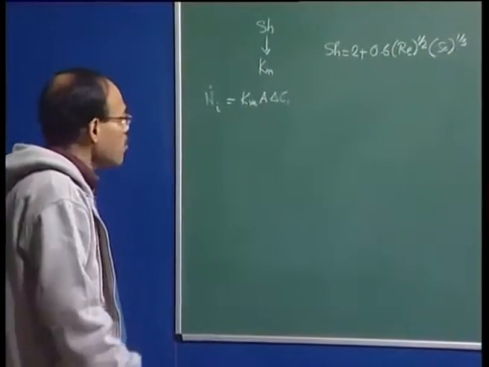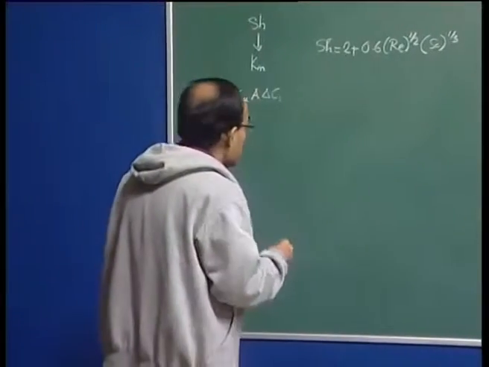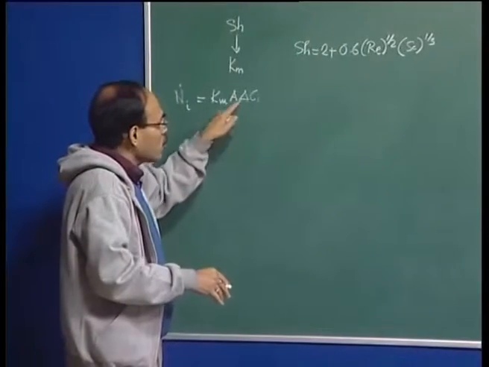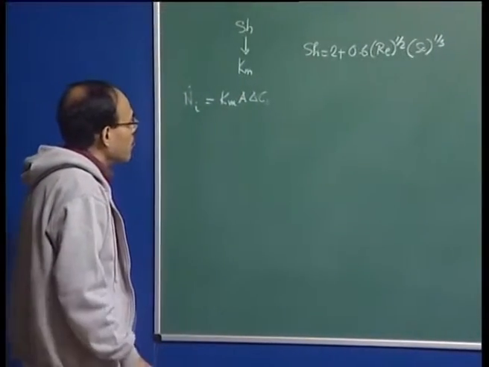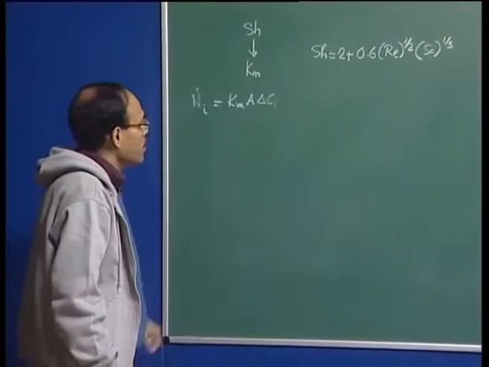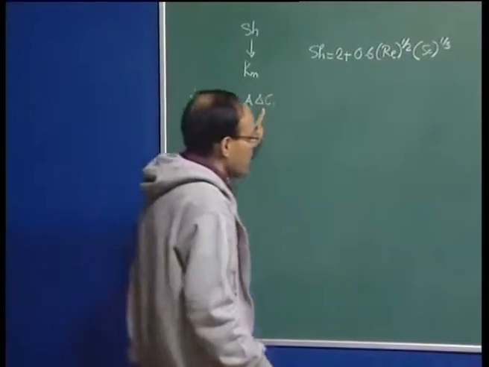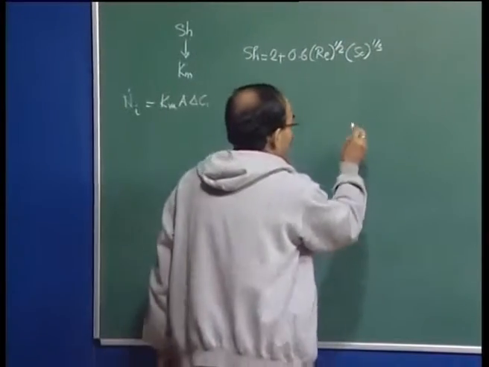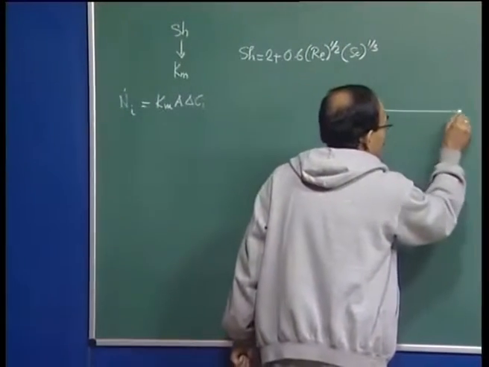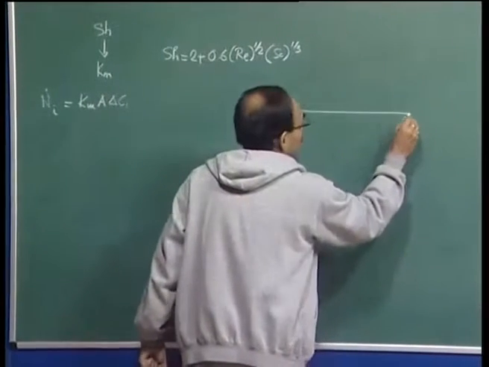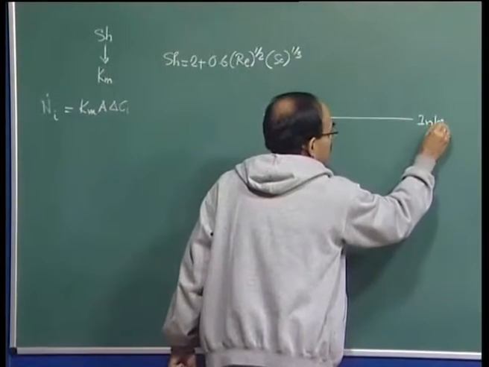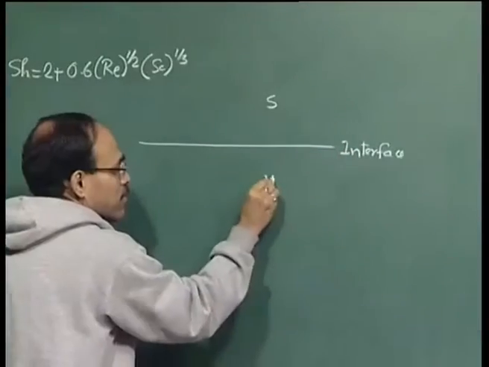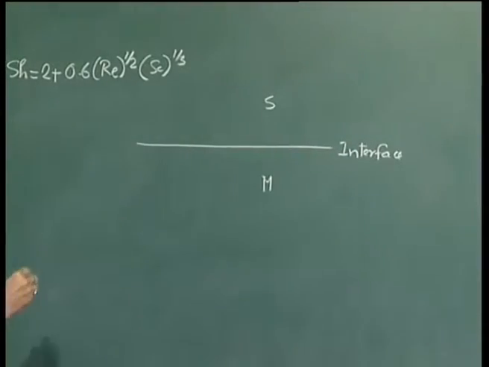So, now let us look at mass transport and chemical reaction, on the basis of which the concentration differential is estimated. Suppose we look at a metallurgical process, a mass transport process. Suppose we have an interface, with slag here and metal here.